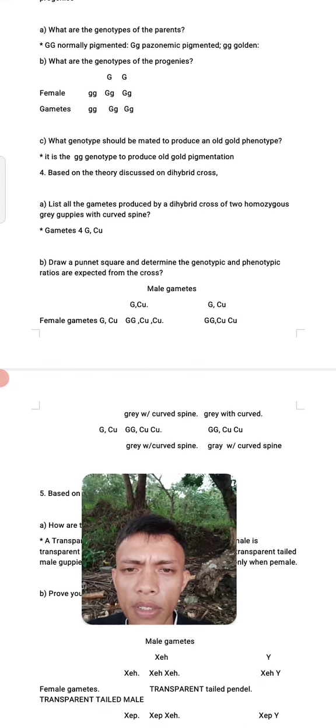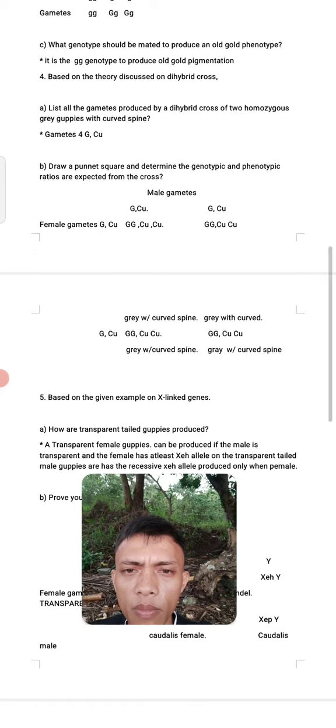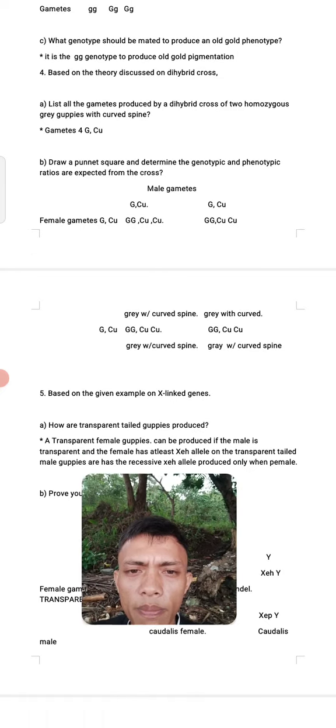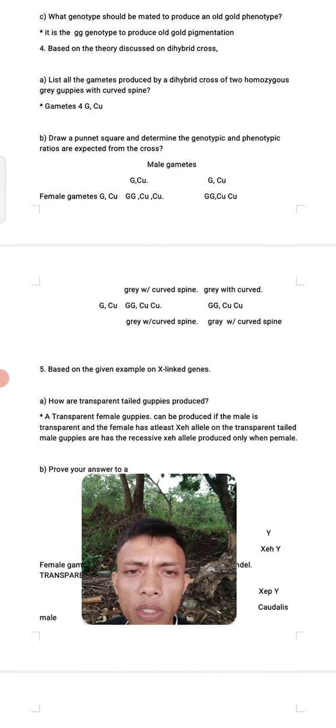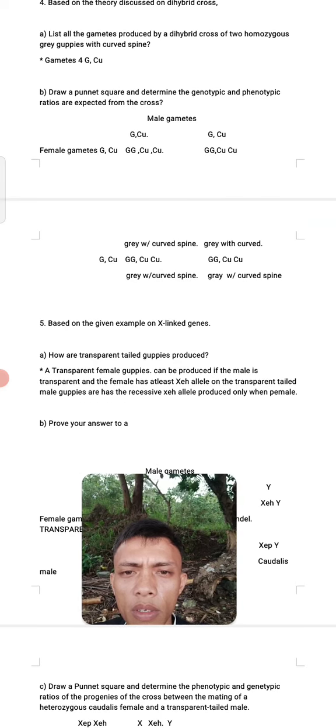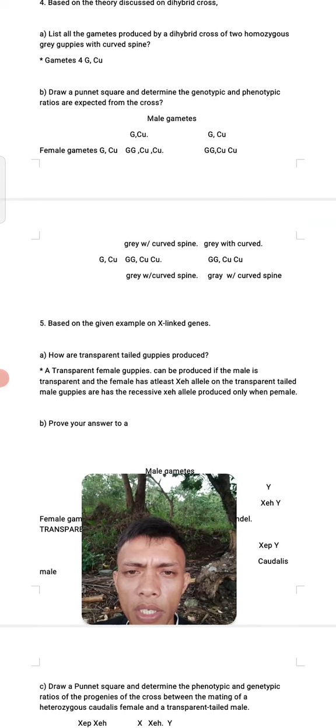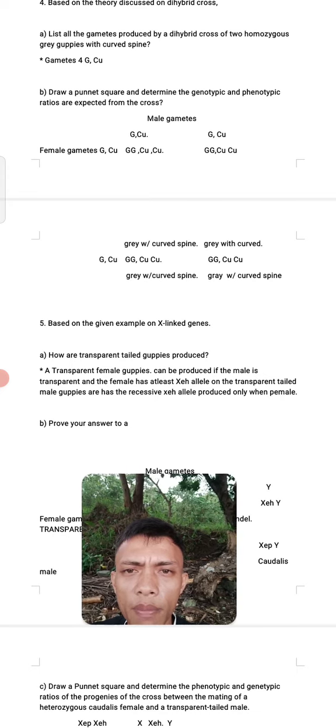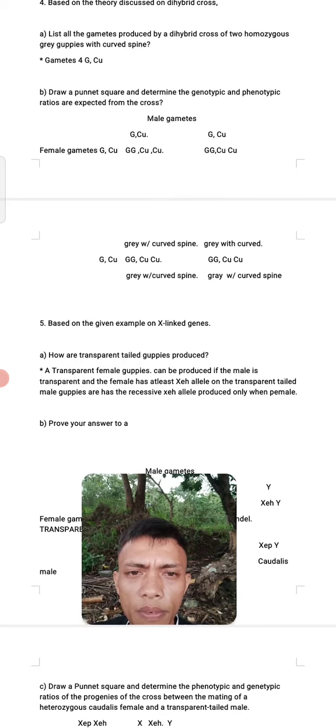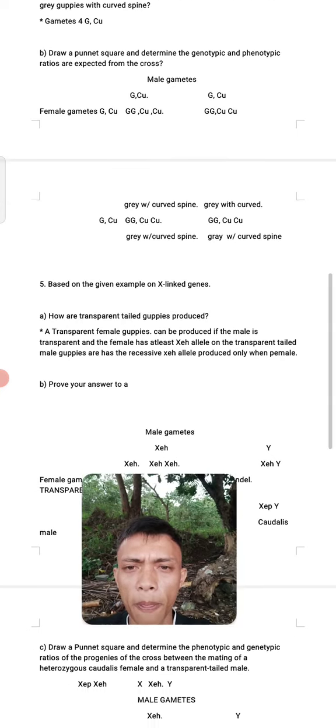Male gametes GCu and GCu. Female gametes GCu and GCu. Gray with curved spines, in the female gray with curved spines, and females gray with curved spines.